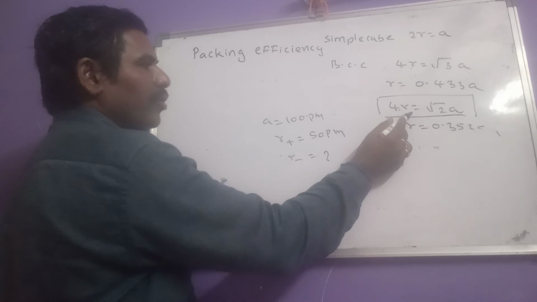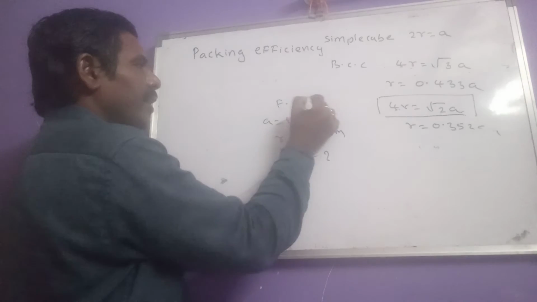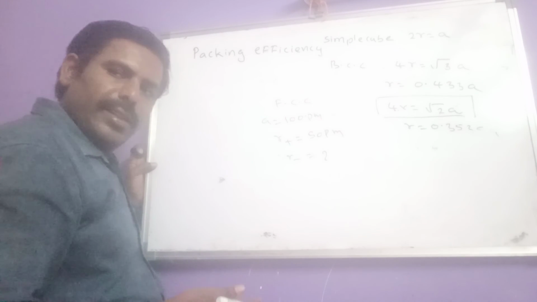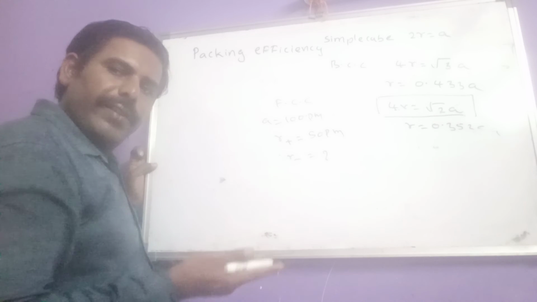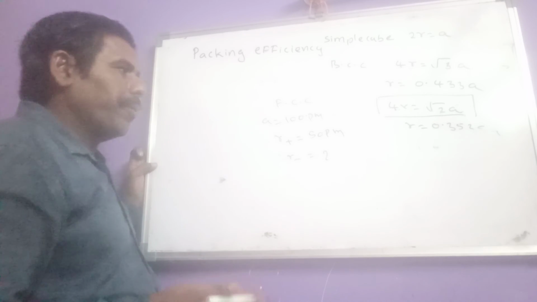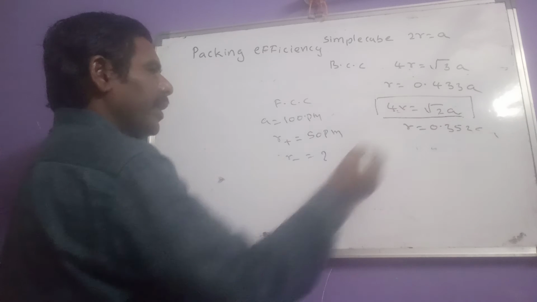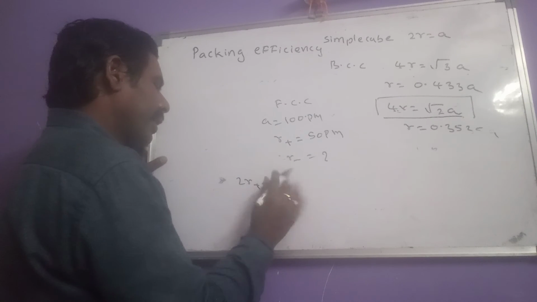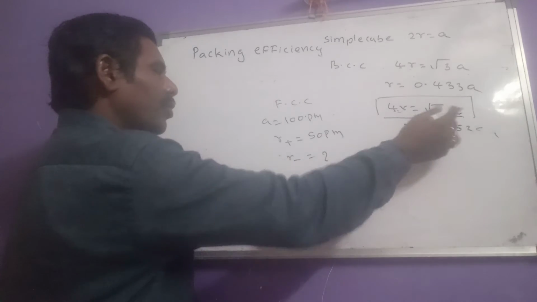We have to use the formula 4R equals root 2 A, because this is having FCC geometry. Rock salt means like NaCl. NaCl is having face centered cubic structure. Now by calculating, 2r plus plus 2r minus equals root 2 a.